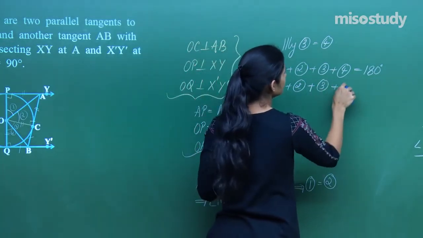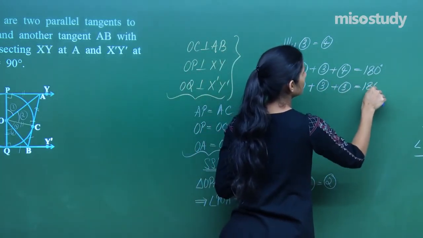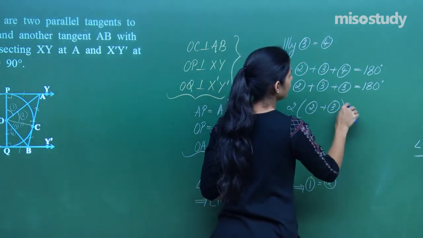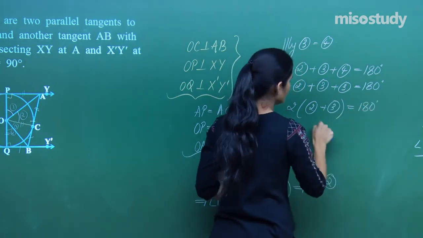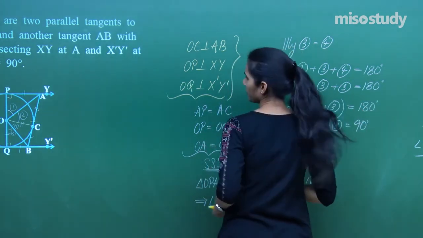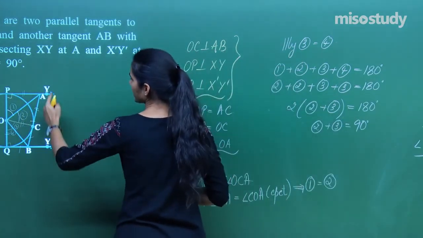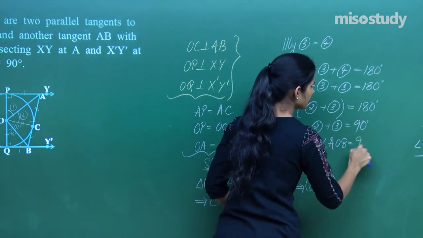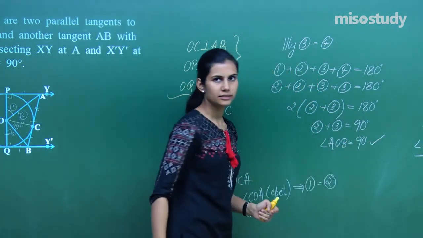So, you have twice of 2 plus 3 is 180. So, you have 2 plus 3 is 90, but 2 plus 3 is nothing but angle AOB. So, this is 90. Is it clear?